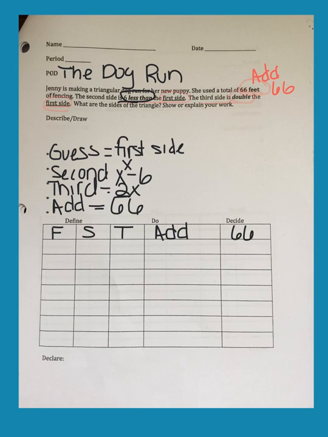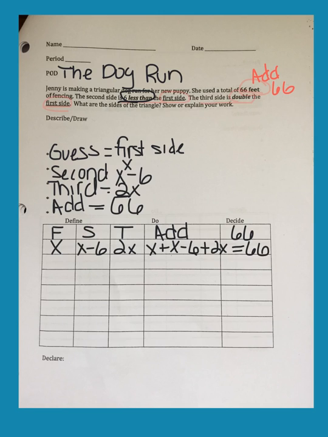And now I'm going to go in and fill in my variables. So the first side is X, the second is X minus 6, and the third is 2X. And then I come over here and I add them together. So X plus X minus 6 plus 2X equals 66.